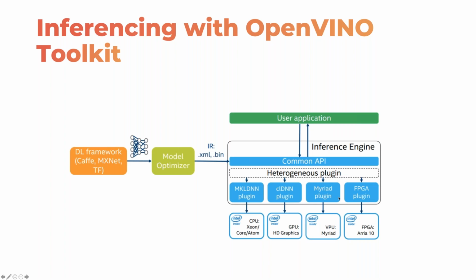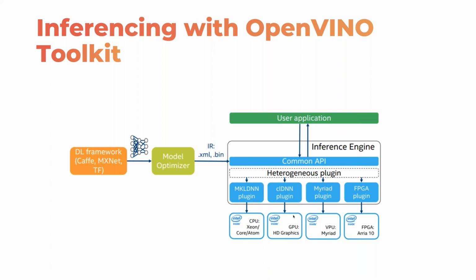You can also dynamically figure out if you have any of these environments or hardware devices available to you and appropriately load the plugin responsible for offloading the model to those devices. So that is the beauty of the inference engine. It's platform agnostic. It can talk to any platform from a CPU to GPU to VPU to an FPGA, and it is framework agnostic. It doesn't care whether the model is trained with TensorFlow, MXNet, or Caffe, or ONNX.